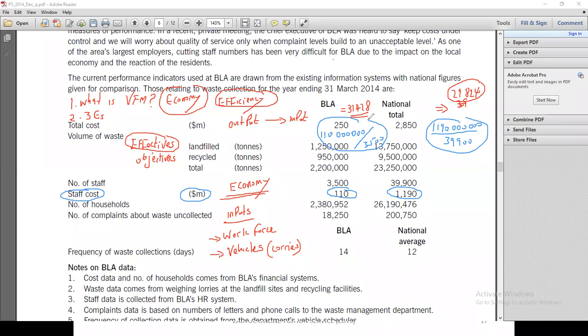So on the surface of it, BLA appears to pay slightly more, but this may not conclusively indicate that they're not economic. So we're going to explain that, for instance, these are the numbers or ratios we use for economy. And although this is high, we'll have to check, because a higher cost per unit may not necessarily mean that they're not economical.